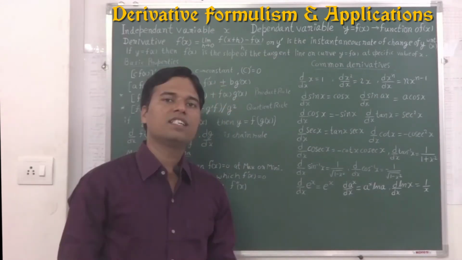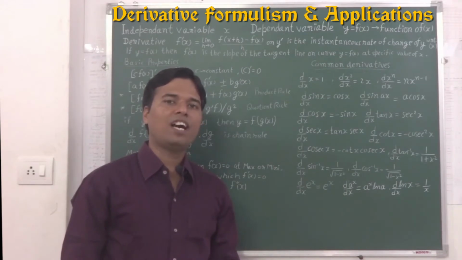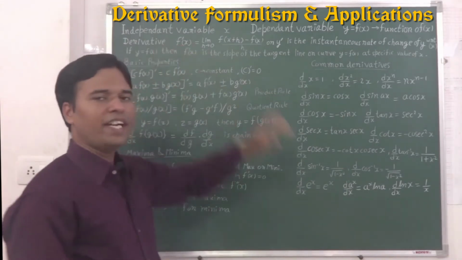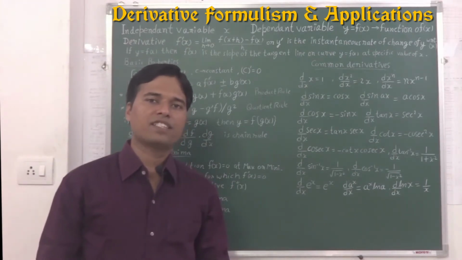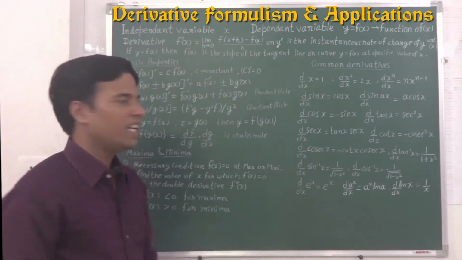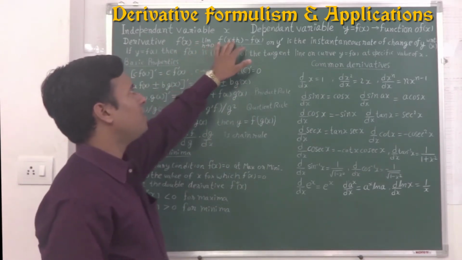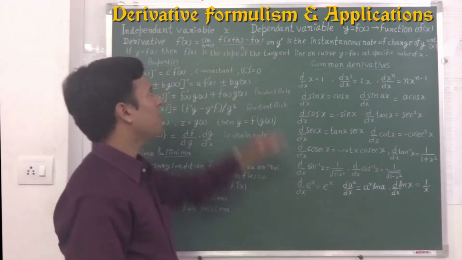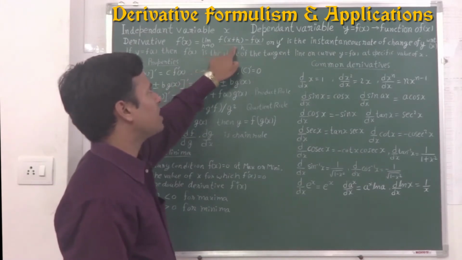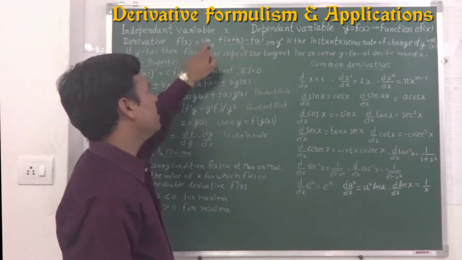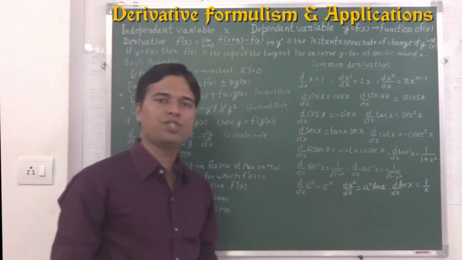Dear students, the process by which we find the derivative of any function is called differentiation. If we want to find the derivative of f(x) with respect to x, then f dash x is calculated as f of x plus h minus f(x) upon h, or we can write x plus h minus x in the lower part, and the limit is h tends to 0.